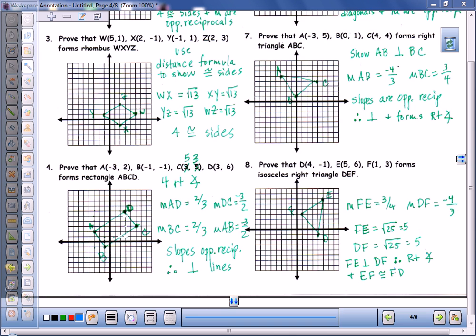Wait, what's the... Yeah, you can move this way. Yes, you did. You're not funny.